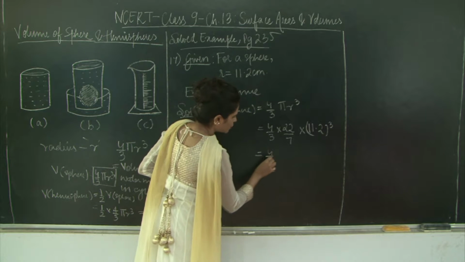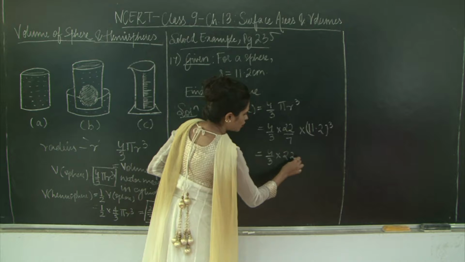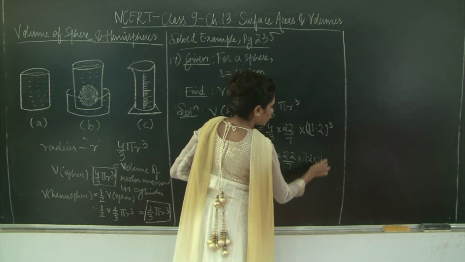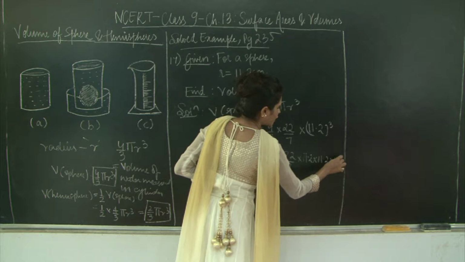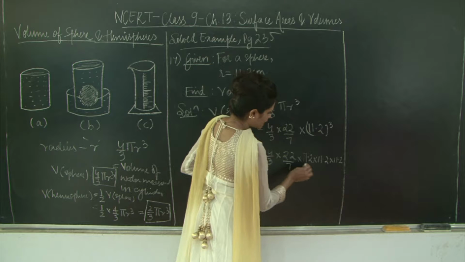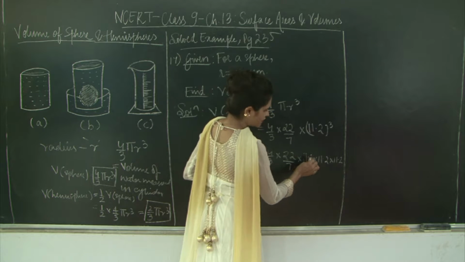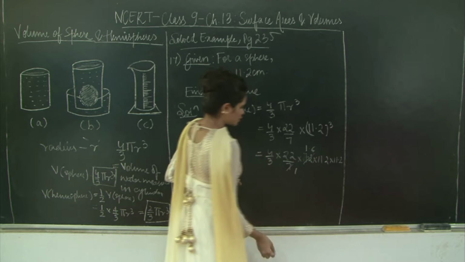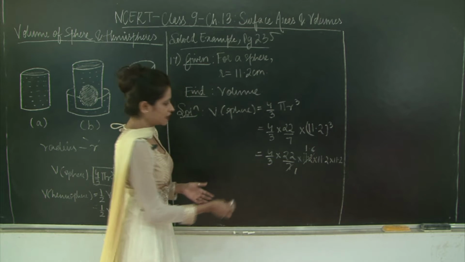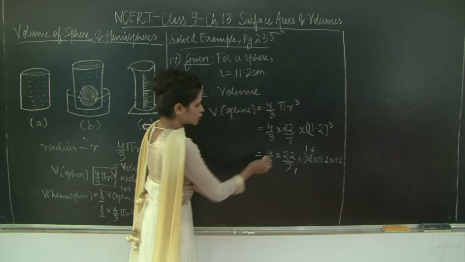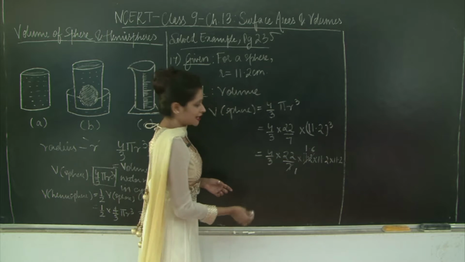I'll write this as 4 upon 3 into 22 upon 7 into 11.2 into 11.2 into 11.2. So let's check if 7 can divide 11.2. 7 ones are 7, 7 ones are 7, 7 6s are 42. And nothing else is cancelling. So I'm going to multiply all these values and divide by 3. So 4 22s are 88.